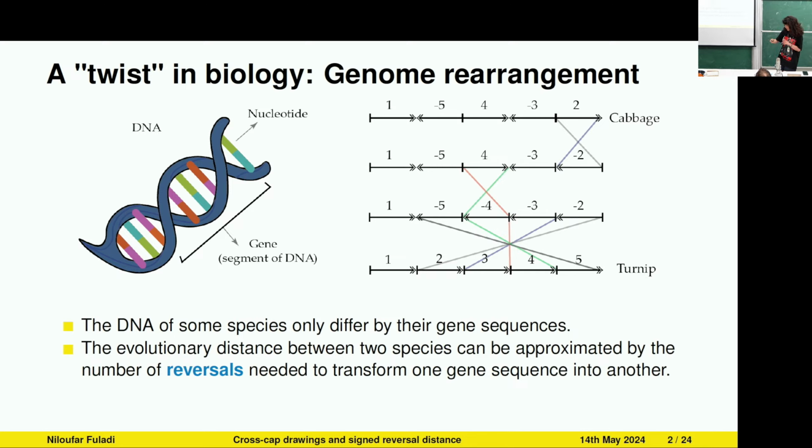The mutation that I'm going to talk about is called a reversal, and what is it? I take a subsequence, and I reverse the order and the signs. So for example, here -5, -4, -3, -2 becomes 2, 3, 4, 5. And as you can see, to turn cabbage into turnip by reversals, you just need 3 reversals.